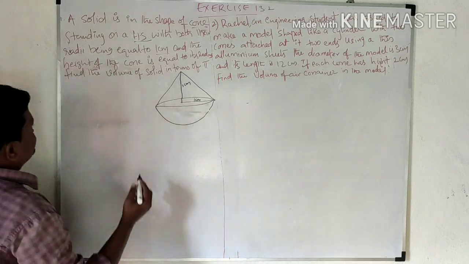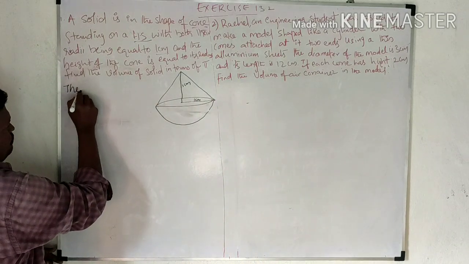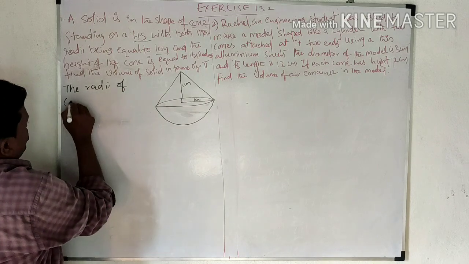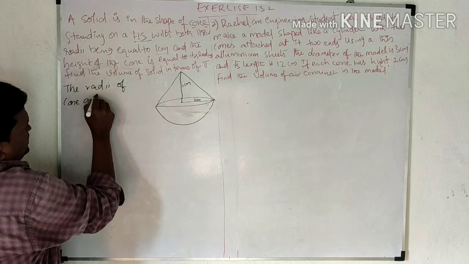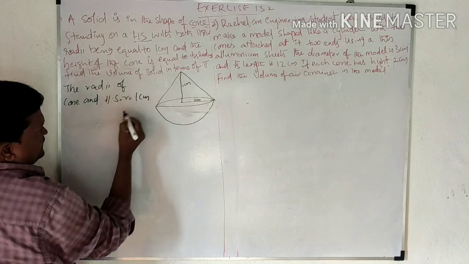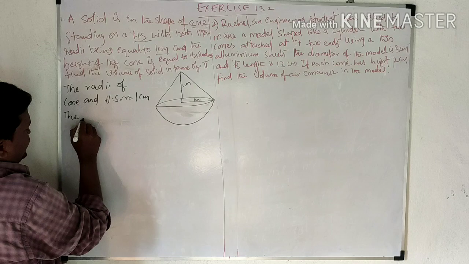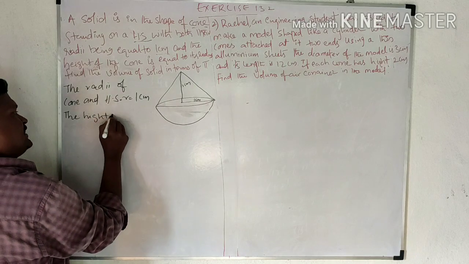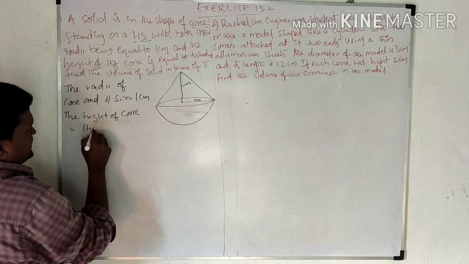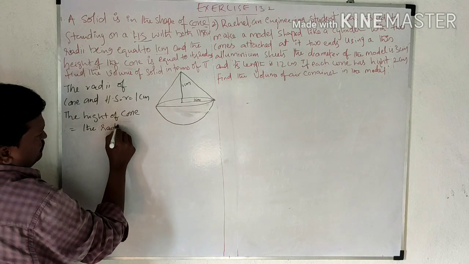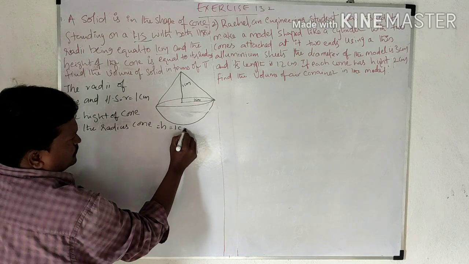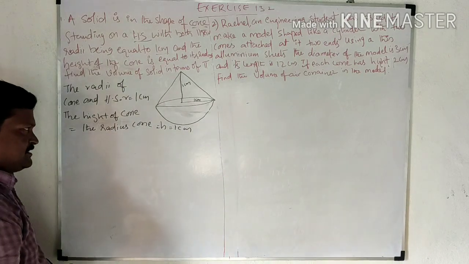So see, the radius of cone and hemisphere r is equal to 1 centimeter, and the height of cone is equal to the radius of cone. Both are same, that is h is equal to 1 centimeter.